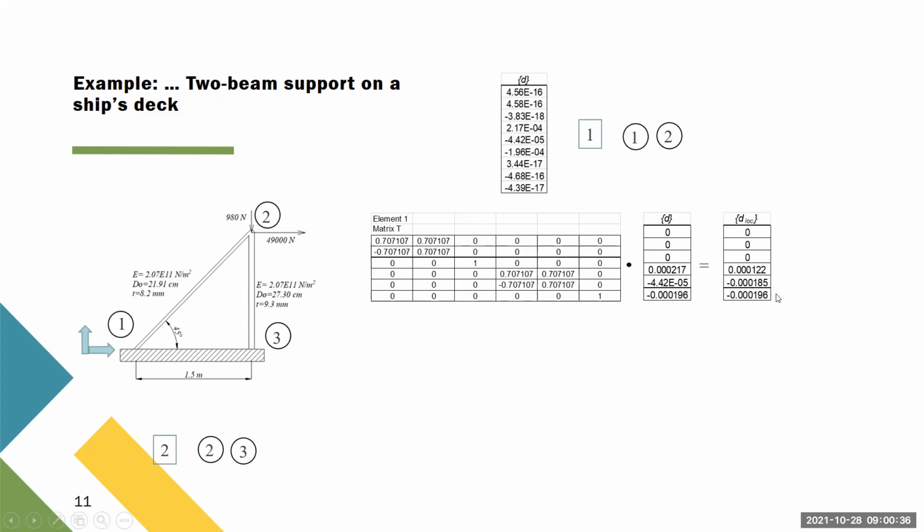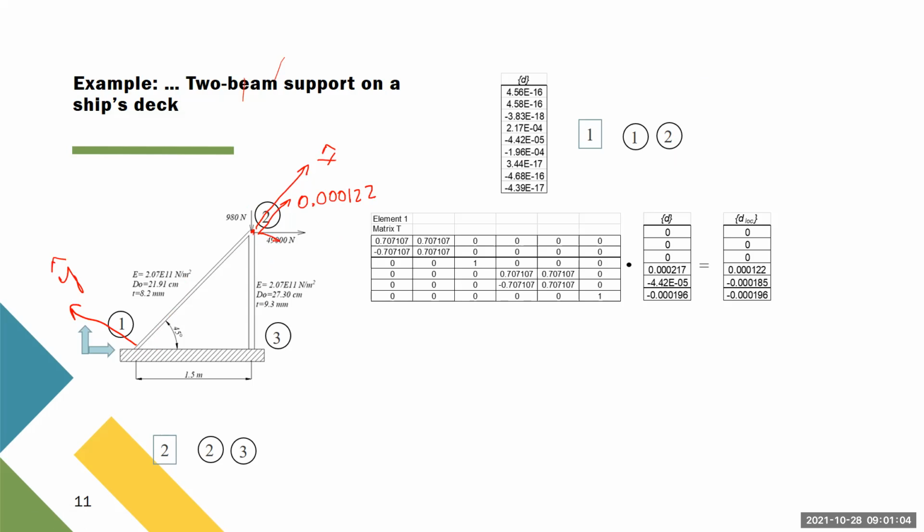So with this, I'm going to stop. What we're saying is that in this case, this is the local reference system, like this. This point here moves to the right, and this is 0.000122.